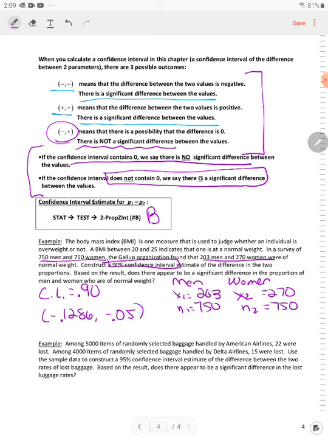Notice your signs are both negative. It says there is a significant difference. So if the signs are the same, there is a significant difference in the proportion of men and women who are normal weight.